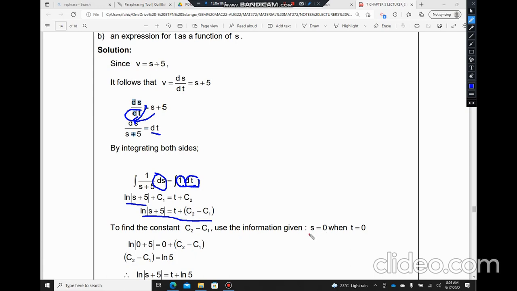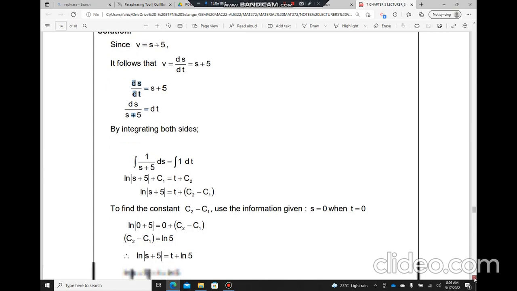So use the given information here, you just substitute into this equation. So ln, S ganti dengan kosong, T ganti dengan kosong. So it means that C2 minus C1 equals ln 5. Okay, next.